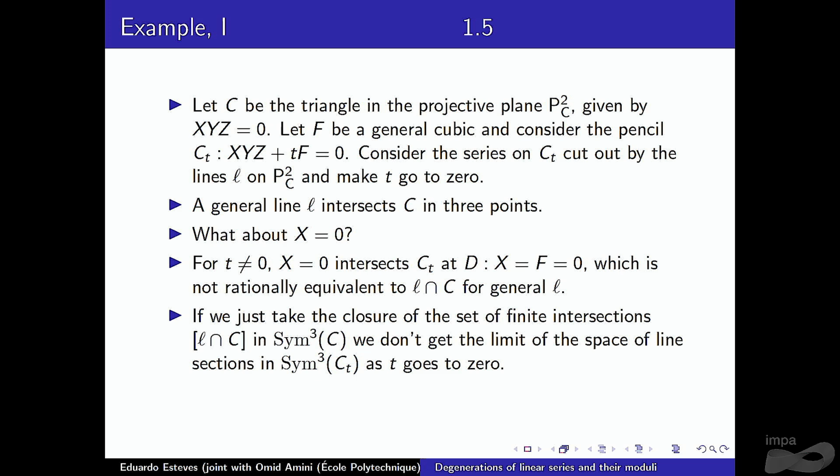So you cannot account for them just by taking the closure. In fact, if you take the closure, you get P2 blown up at 3 points, and that's not the limit of the P2 of line sections as you degenerate to t equals 0.